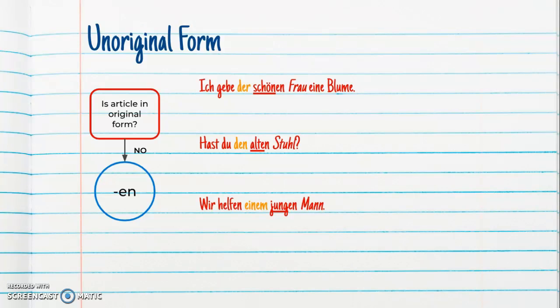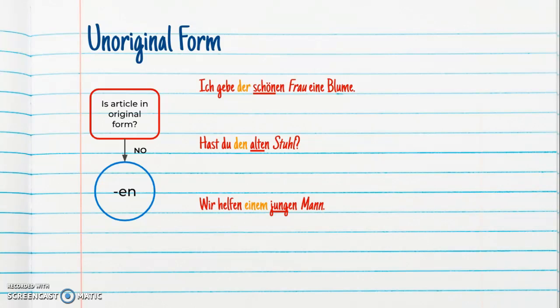And if we were thinking of the definite article for a feminine noun, the original form would be die. And in this sentence, the article that is used for a feminine noun is der. So it is not an original form of the definite article for a feminine noun. That means we're using en as the ending. So ich gebe der schönen Frau eine Blume would be correct.